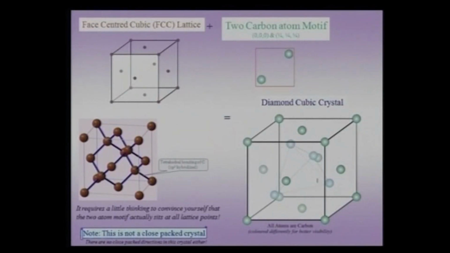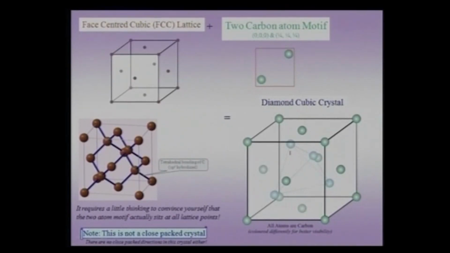In the figure shown, which is a ball and stick kind of model, we have to remember that atoms have been colored differently for better visibility, and all atoms are nothing but carbon. These central carbon atoms located within the unit cell form a tetrahedron as drawn by this outline. This is just to make the visibility better. An important point to be noted in this crystal is that it has no normal 4-fold rotational symmetry.